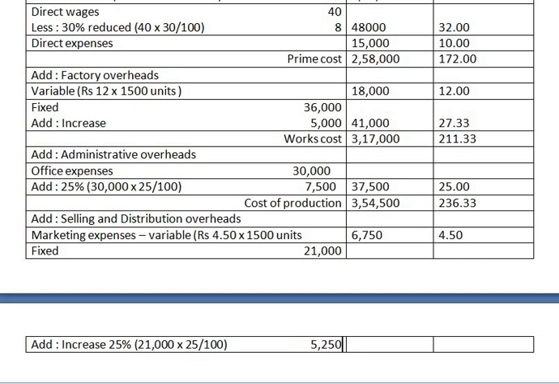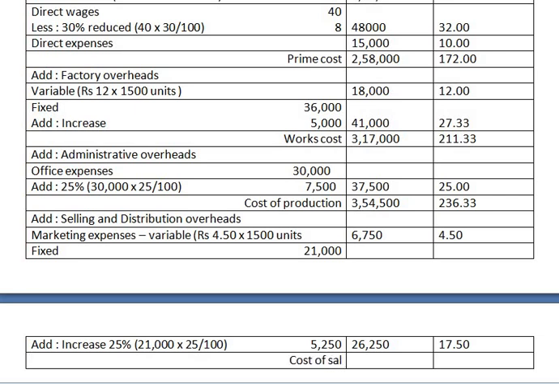26,250. Now divided by 1,500 is 17.50. Now cost of sales.